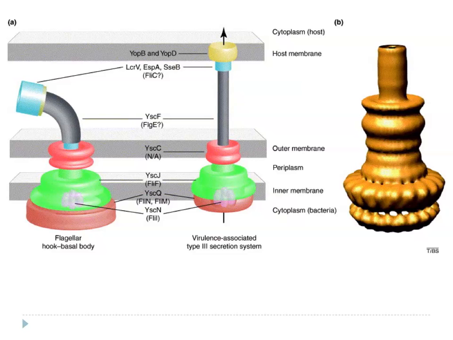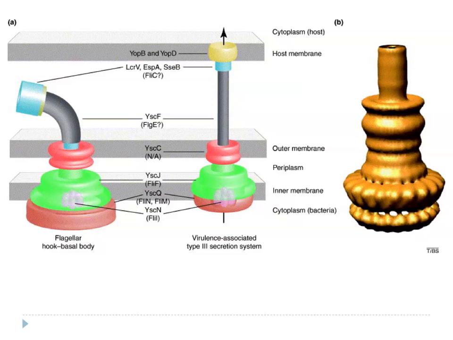So we have this structure spanning the inner membrane and the periplasm, then a ring spanning the outer membrane. This is where there is some deviation. The actual proteins involved in spanning the outer membrane are distinctively different between flagellar and non-flagellar systems.